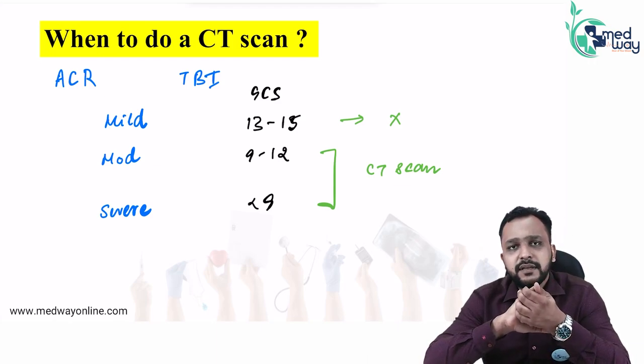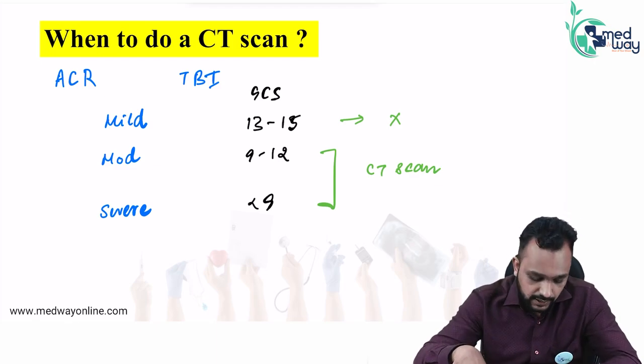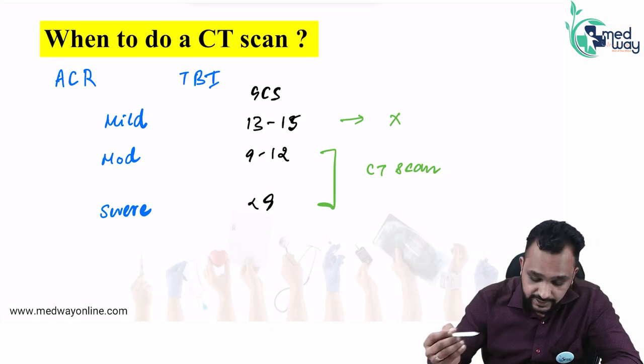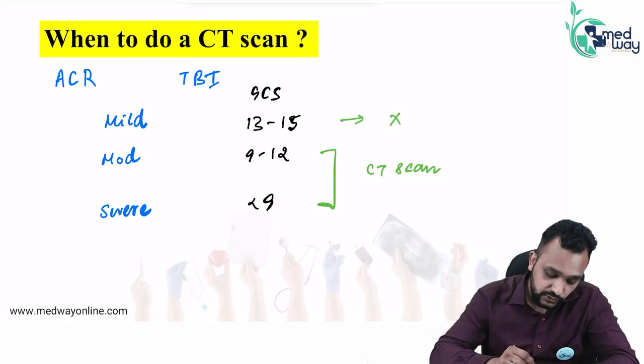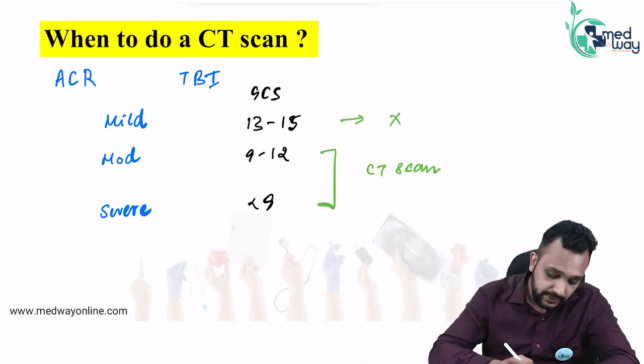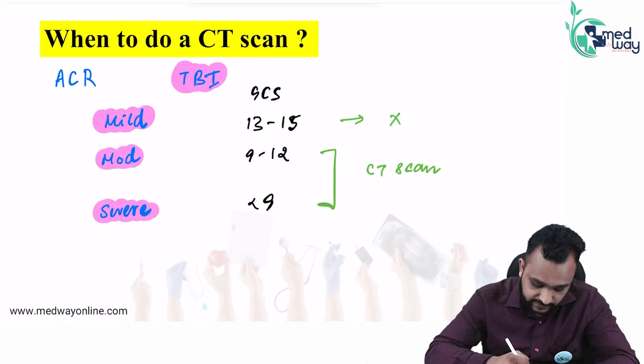Now the question is, do we get a CT scan done in every patient? No, we are not going to get a CT scan done in every patient with head trauma. So there are few conditions. Now, the American College of Radiology has divided traumatic brain injury into three types: mild, moderate and severe.